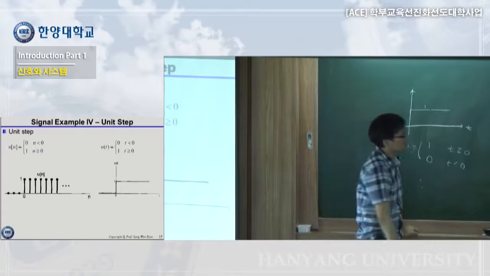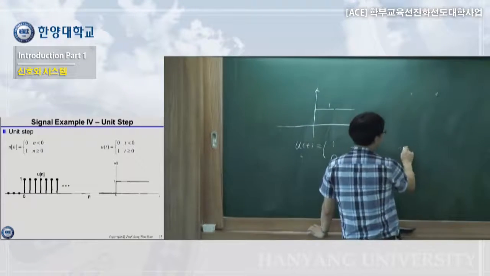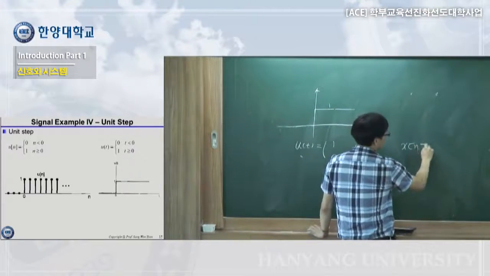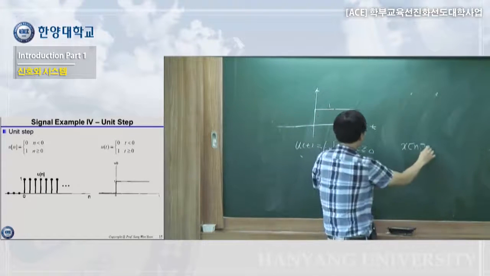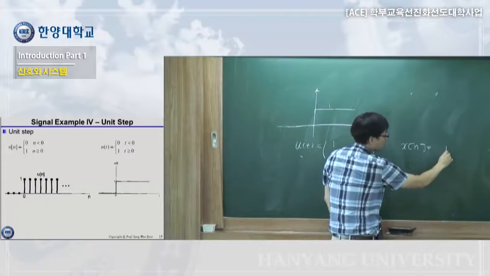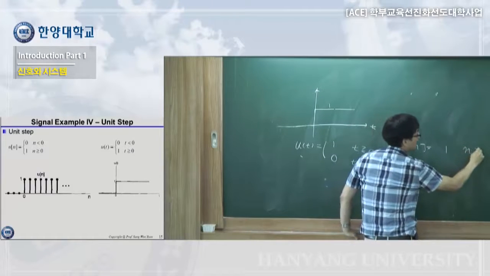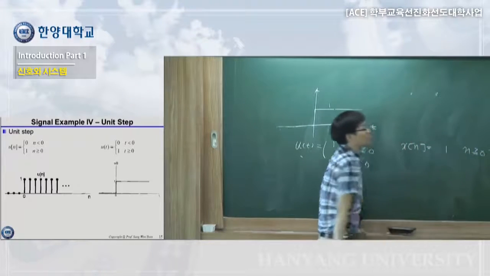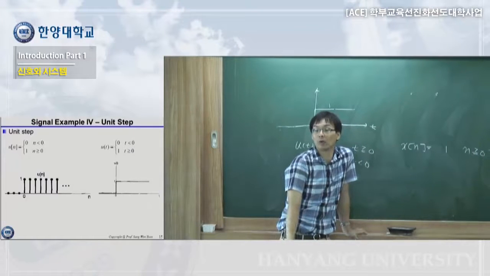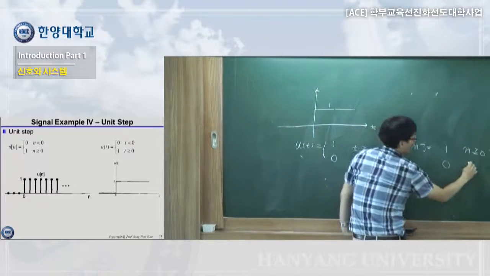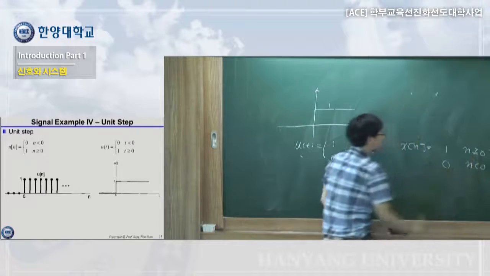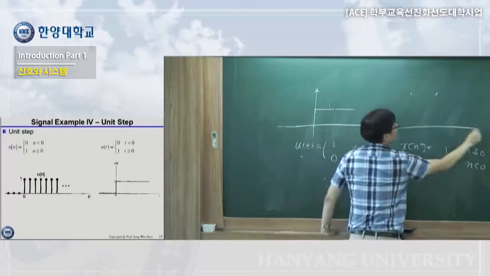In discrete time, I say u[n]. They have the same meaning. They become 1 for n equal to 0, 1, 2, 3, 4.